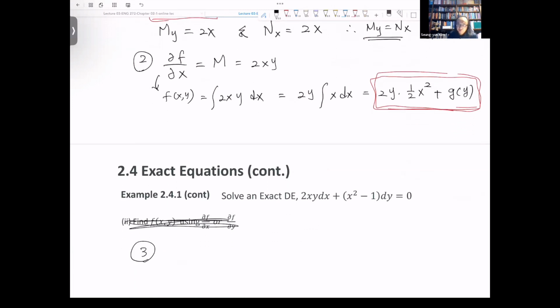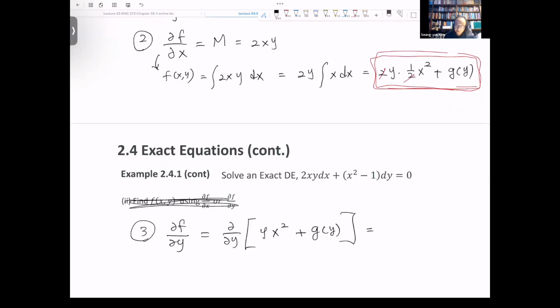So to do that, from step number 2, take that equation and take the derivative of it with respect to y. We have y x squared, which gives just x squared, plus g prime of y.